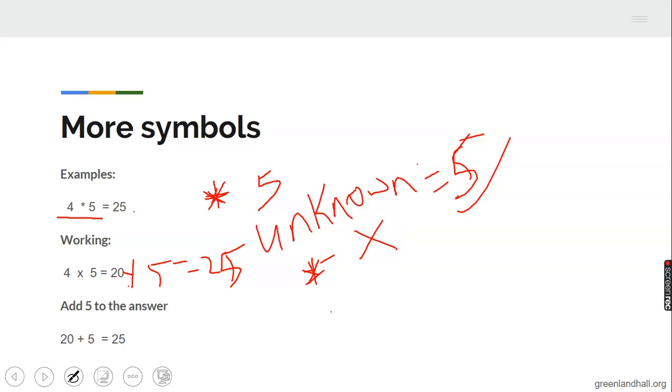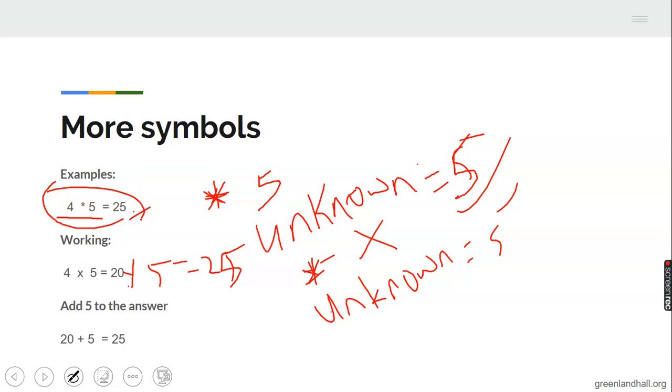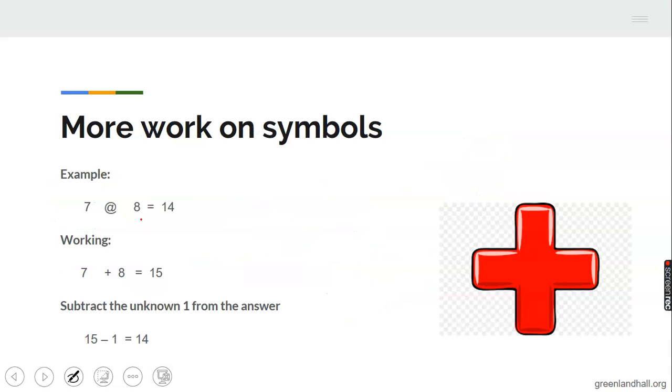Times. And then our unknown is 5. That's why they got the answer as 25. So when you look at the equation clearly, you quickly know. From this question, you can see that there's an unknown figure. For them to get 25, there's an unknown figure there. So it's now left for you to figure out what the unknown figure is.